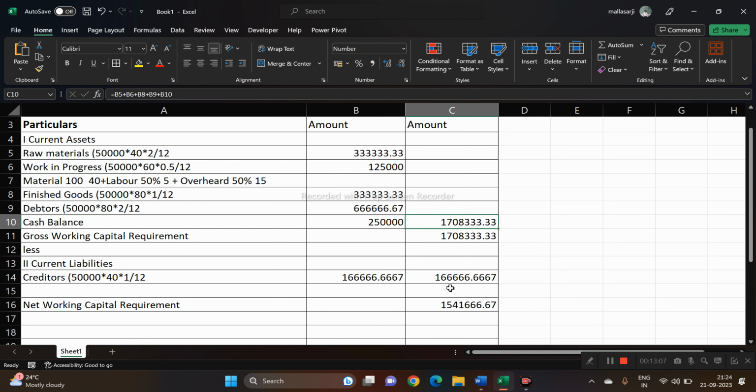So we get 1,66,666. The final answer is 15,41,667. This is called the net working capital requirement, and the total of current assets is called the gross working capital requirement, and current assets minus current liabilities we call the net working capital requirement.